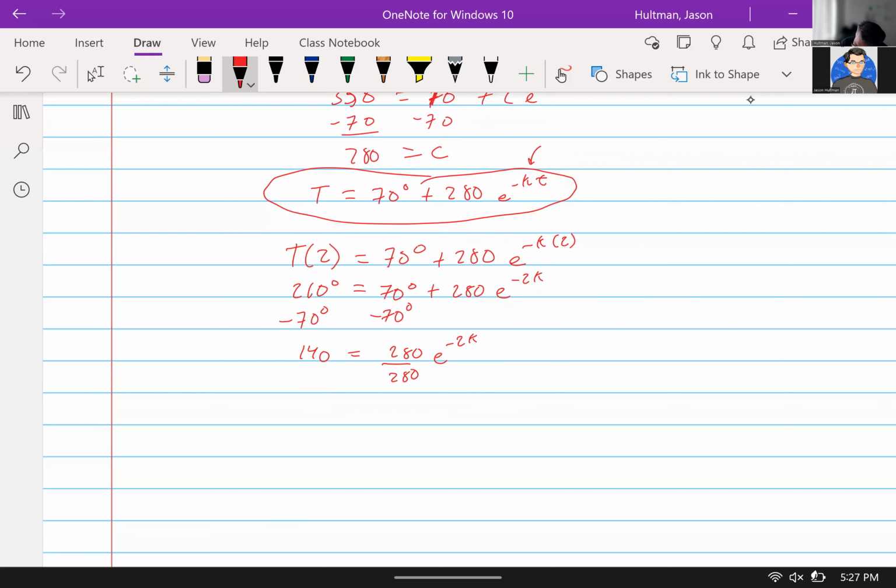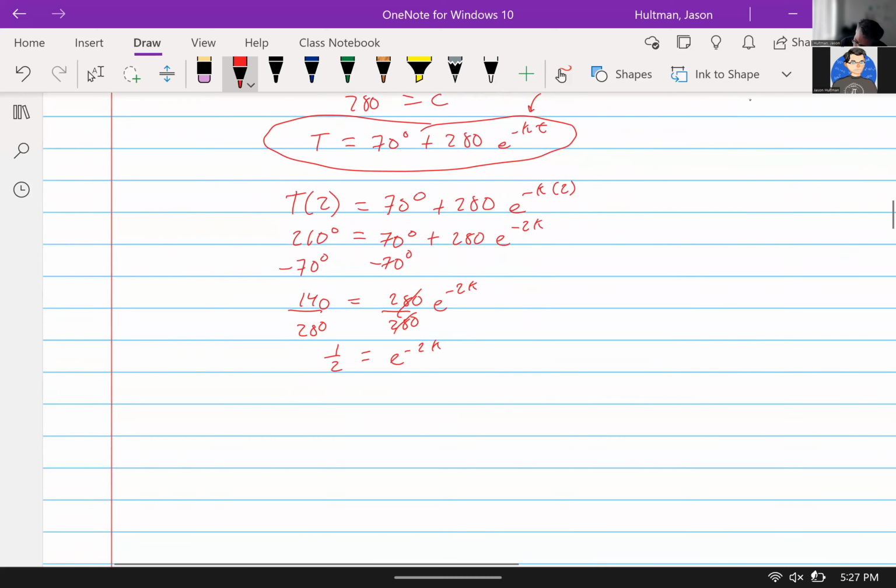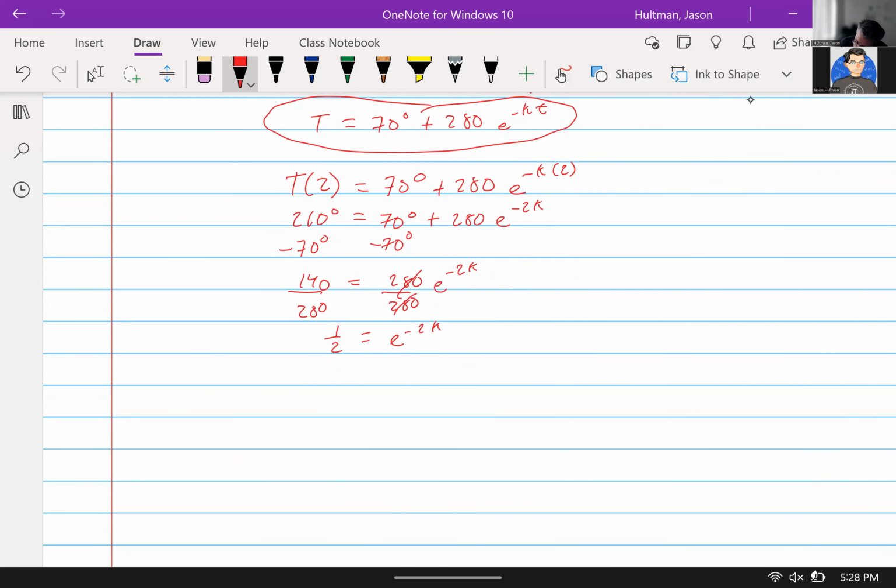Divide by 280, we get 1/2 is equal to e to the negative 2k. I'm going to take the natural log of both sides now.